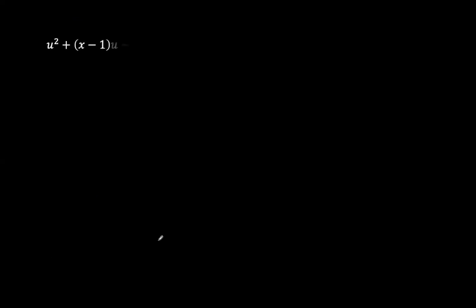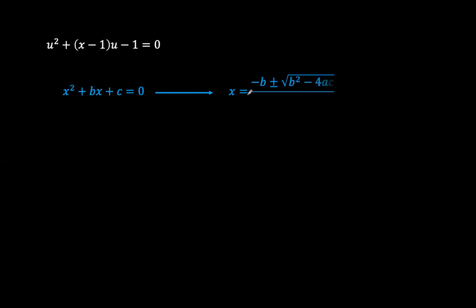So we use the quadratic formula: for ax squared plus bx plus c equals 0, x equals minus b plus or minus the square root of b squared minus 4ac, over 2a.